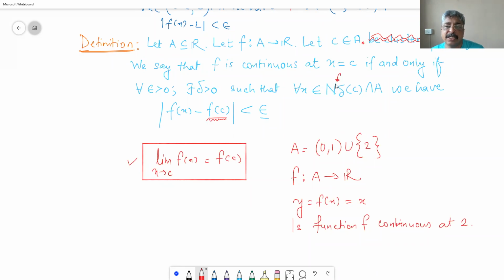Second change, it is not deleted delta neighborhood. And third change is we are not worried whether it is a cluster point or not. It should belong to A because we are interested in value of the function at C. So earlier C was belonging to R, now C belongs to A. Okay, so now you can change your answer.